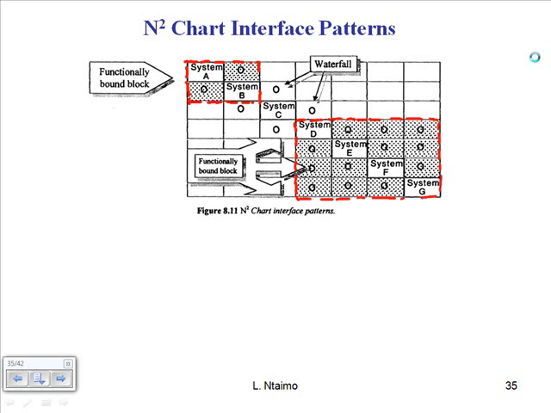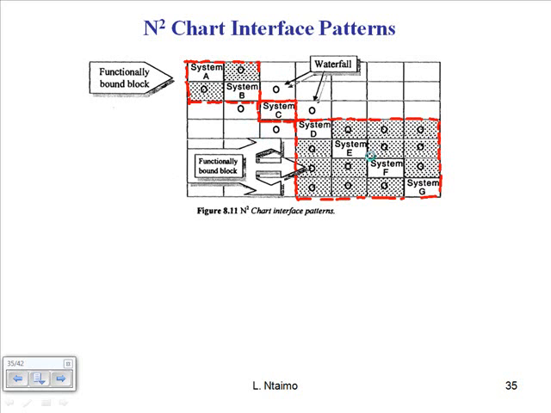And then in between there is system C. System C is connected to system A, B, and it's also connected to this system D, E, F, G. Okay, so now what we can see are these blocks.